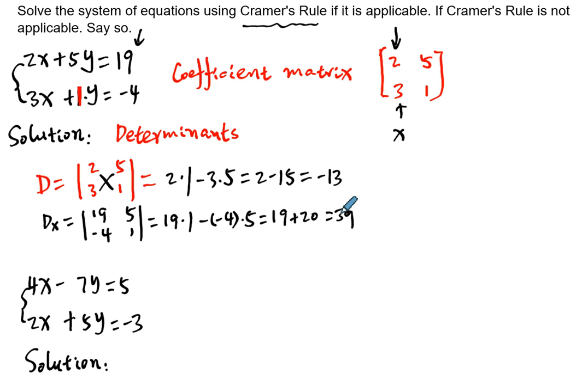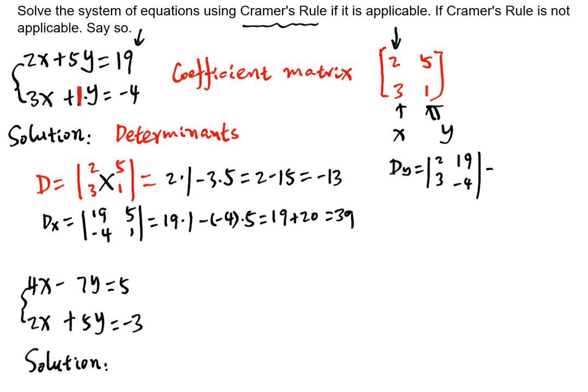Then we have to replace the second column, 5, 1, by 19 and negative 4. So let me write here, dy will keep 2, 3, and here will be 19, negative 4.